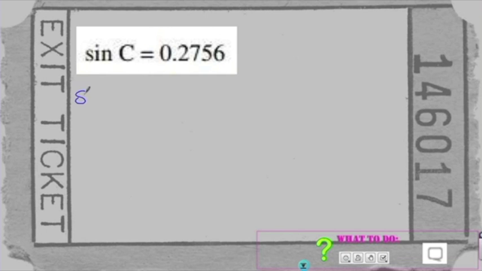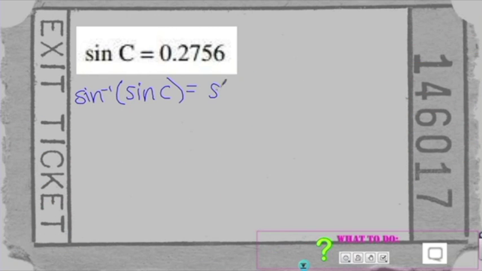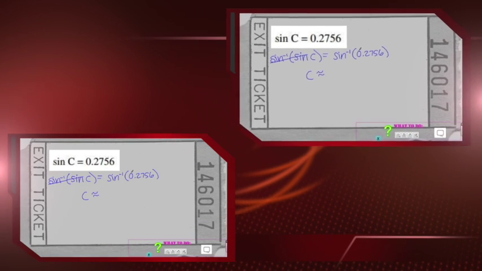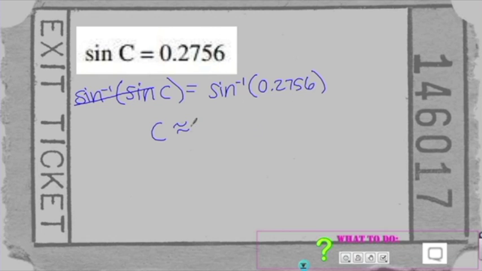In order to do that, we'll have to use the inverse sine. So the inverse sine cancels out the regular sine, and we are left that the measure of angle C is approximately 16 degrees to the nearest whole degree.